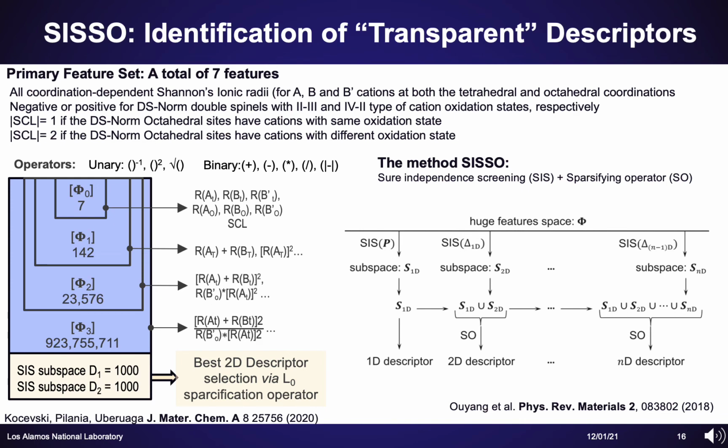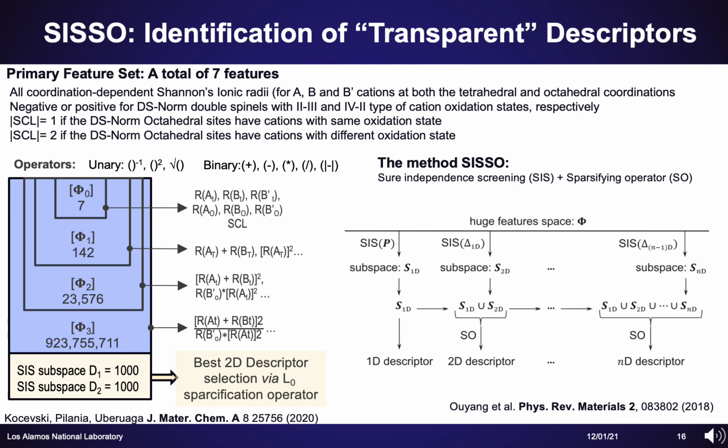As a next step, to identify the best set of descriptors for the classification problem at hand, the SISSO method employs the sure independence screening (SIS) method, followed by a sparse solution algorithm using a sparsifying operator SO. Here L0 was used.